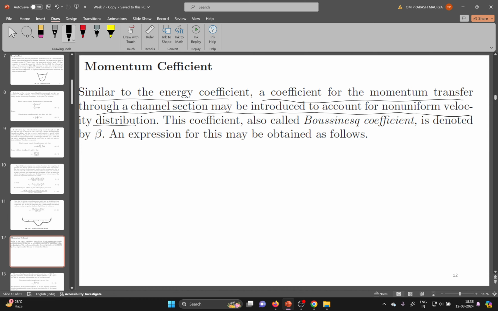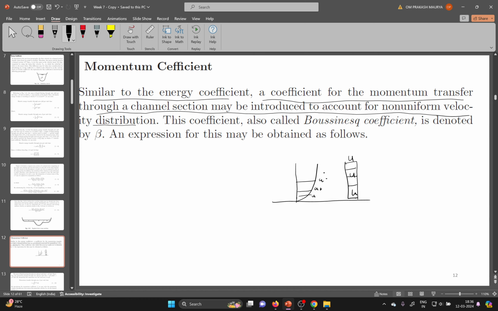These two things come into the picture because the velocity distribution in the channel is non-uniform. A uniform velocity distribution is like that: throughout, the velocity value is the same. But here it is u1, u2, u3.